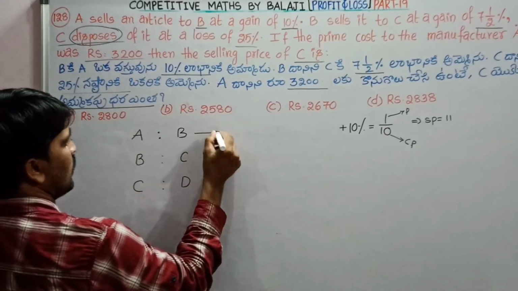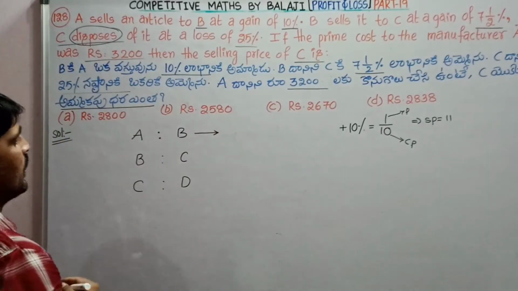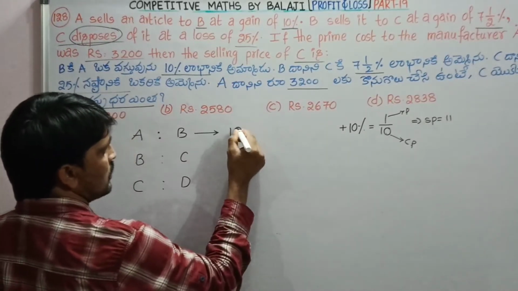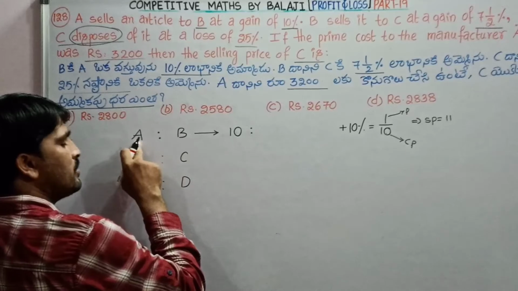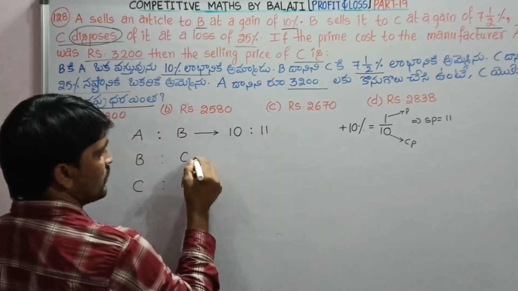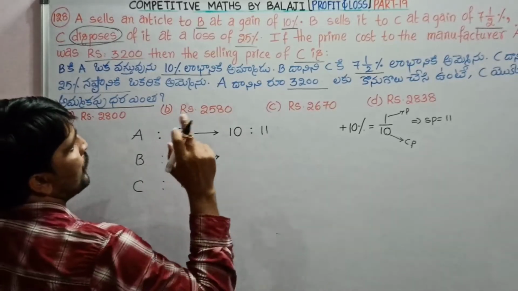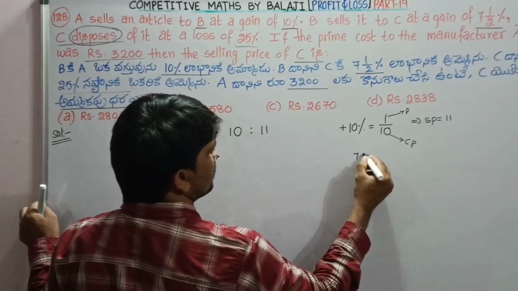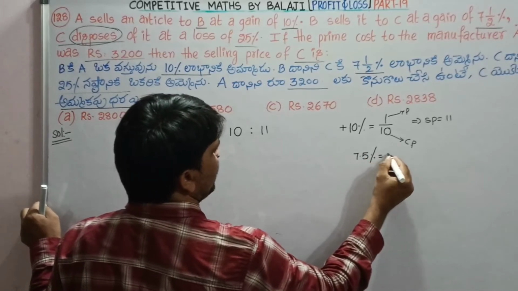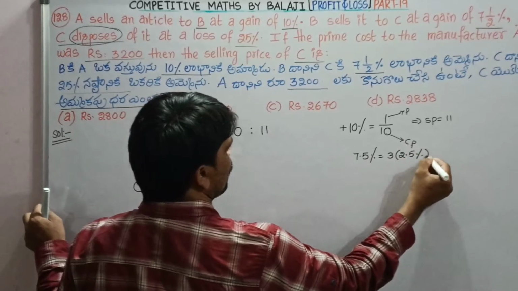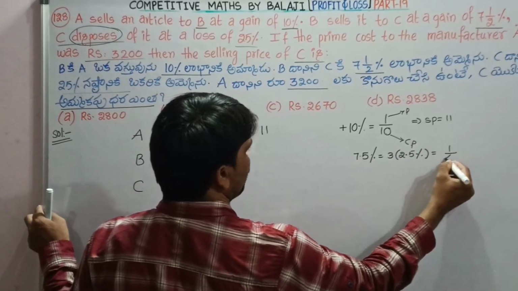So consider the cost prices for A and B. Cost price for A is 10 units. Then selling price of A or cost price of B is 11 units. Similarly, B sells it to C at a gain of 7.5%. 7.5% can be written as 3 times of 2.5%. 2.5% value is 1 by 40.